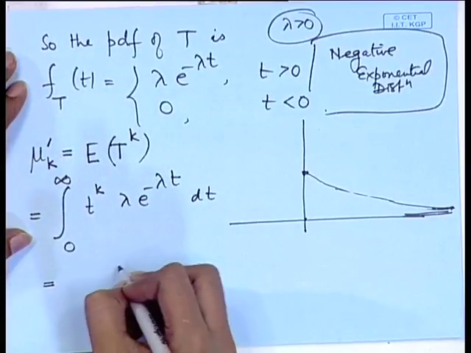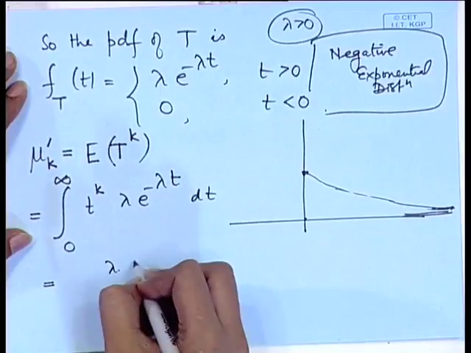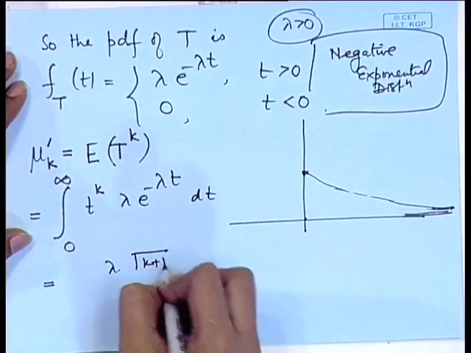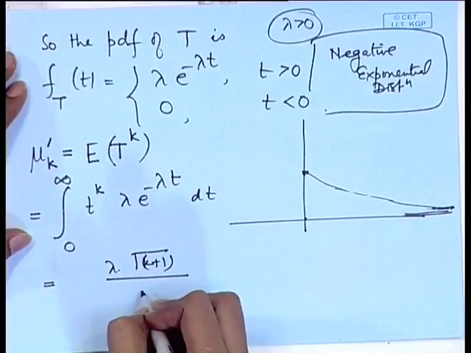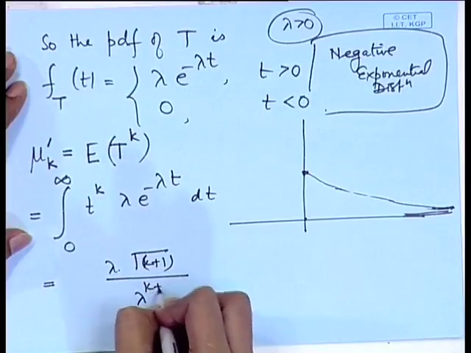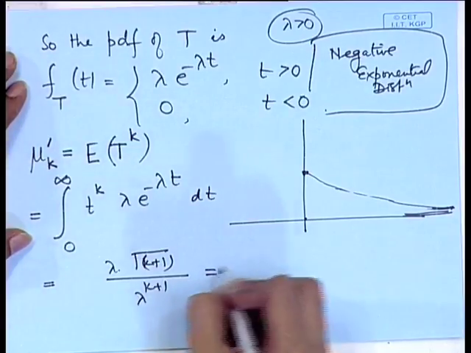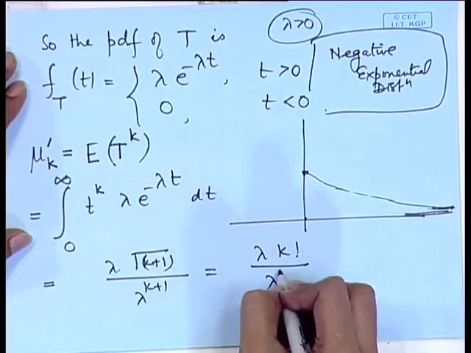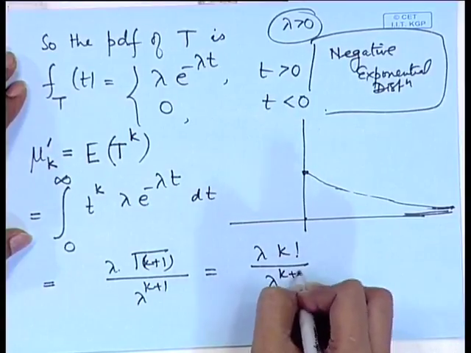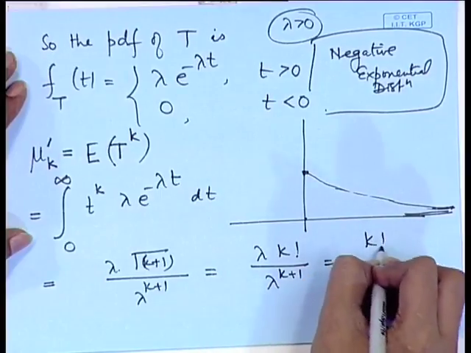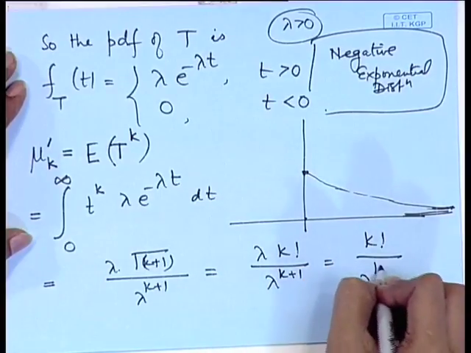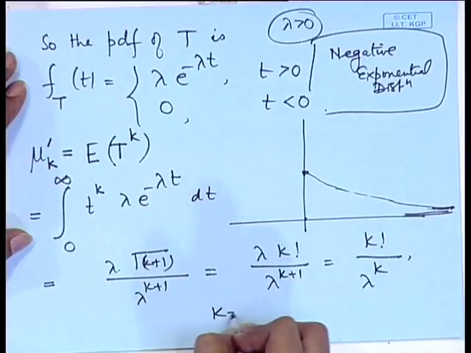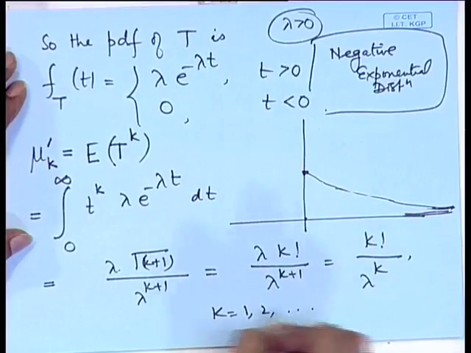So, this becomes lambda gamma(k plus 1) divided by lambda to the power k plus 1. So, this is equal to lambda k factorial divided by lambda to the power k plus 1, that is k factorial divided by lambda to the power k for k equal to 1, 2 and so on.